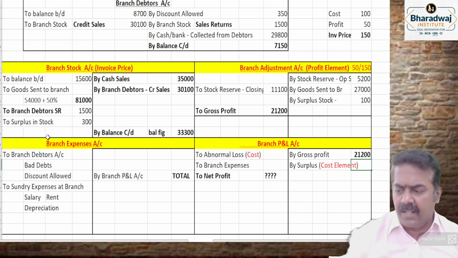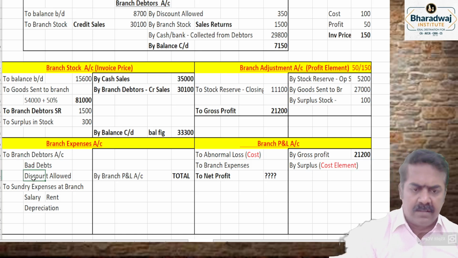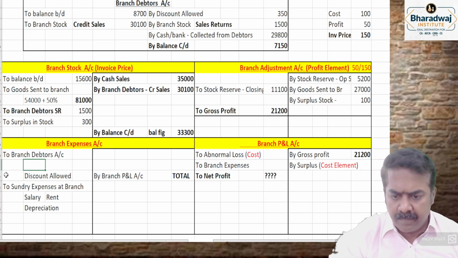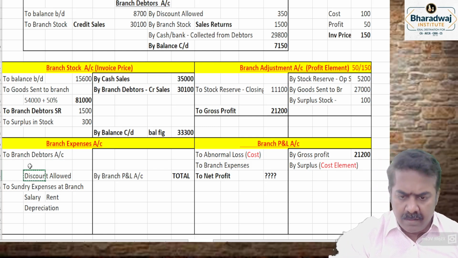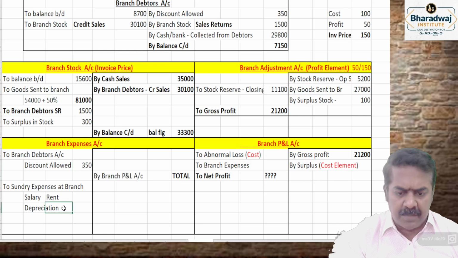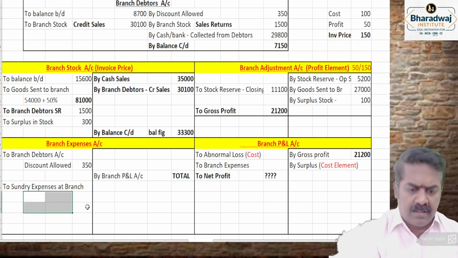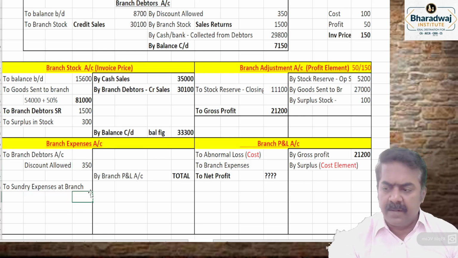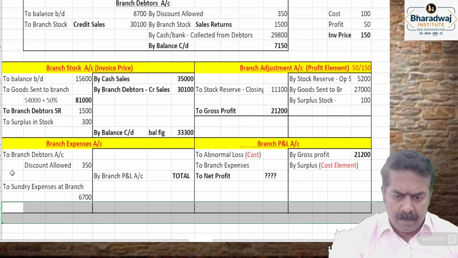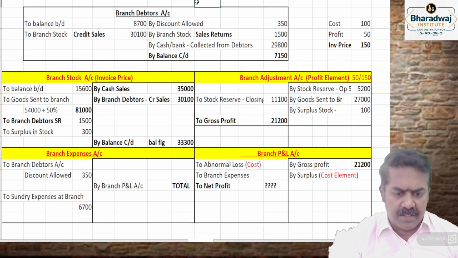Branch expenses are directly given, I hope. Okay. What is the branch expenses? Bad debts, discount allowed. Discount allowed, how much is there? 350 is there. Then sundry expenses paid by head office, how much is there? 6,700 is there.